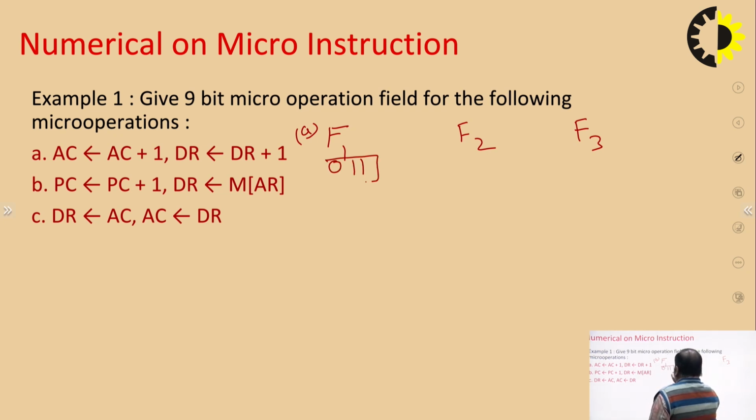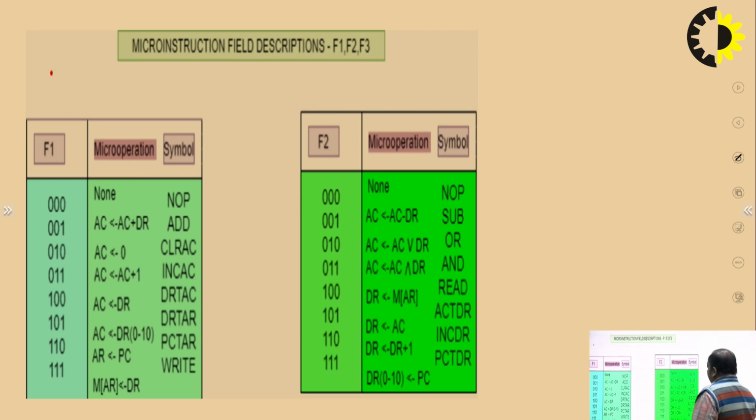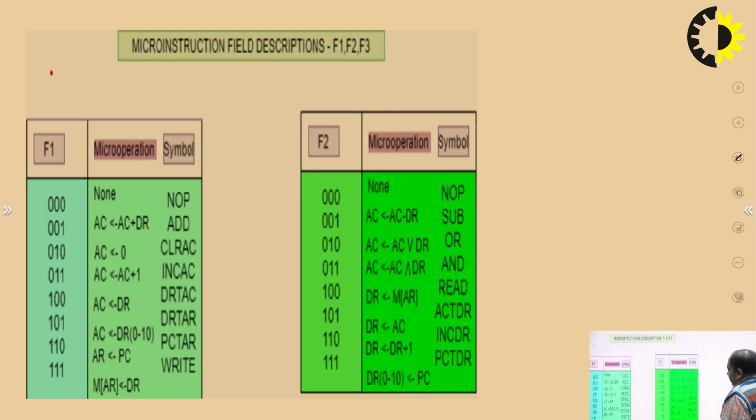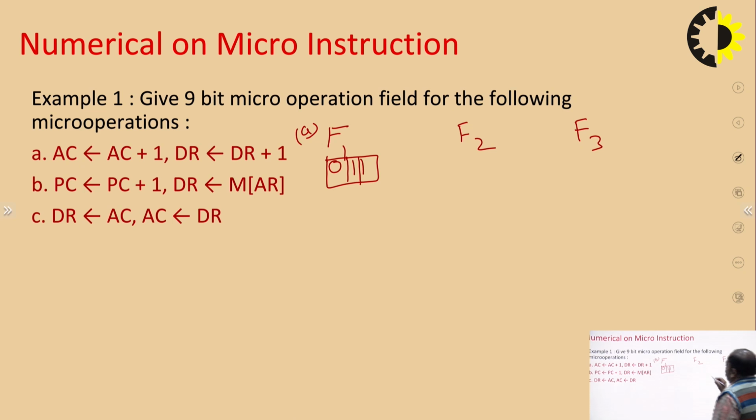This is our 3 bits, 0, 1, 1. Next is DR plus 1. We check in which field we increment the data register. The data register is incremented in the F2 field, and its value is 110. So in F2 we write 110. And there are only 2 operations.